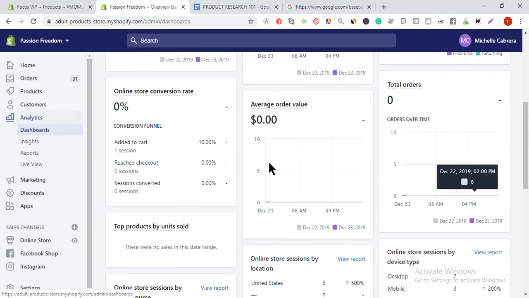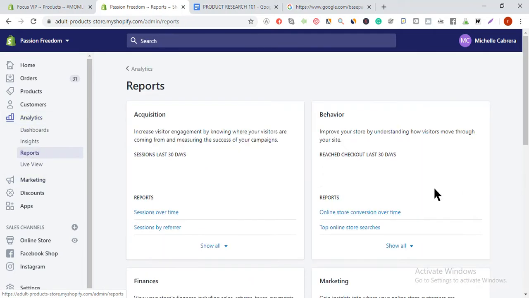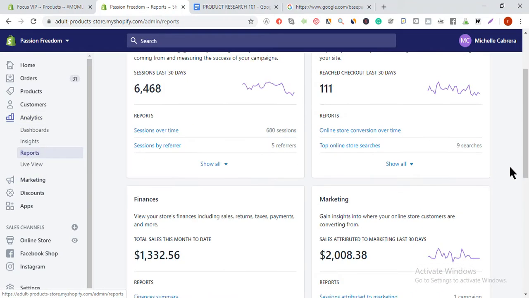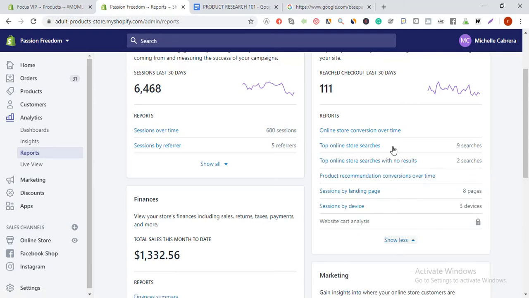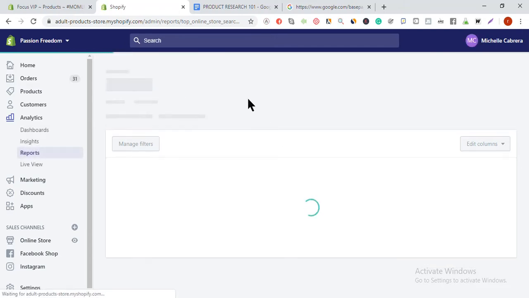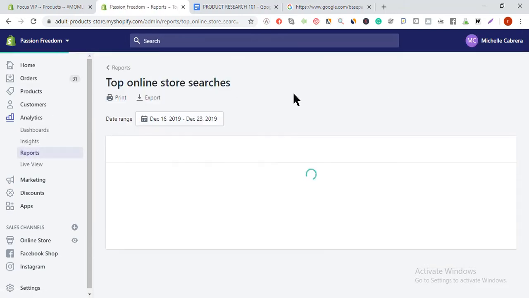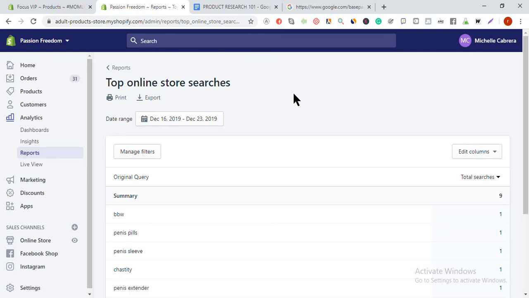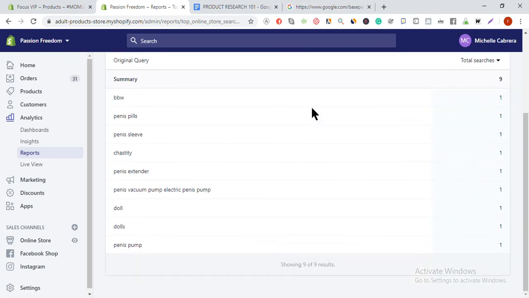Let's go to reports and show all. Top online store searches. When you say top online store searches, these are the keywords that your audience or your customers are using every time they're visiting your store. Right, these ones for this store specifically.